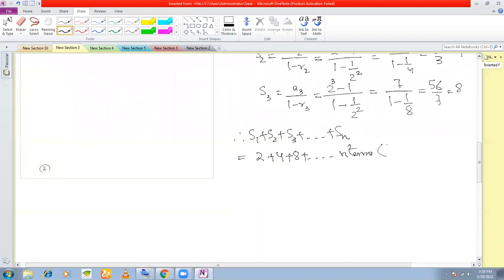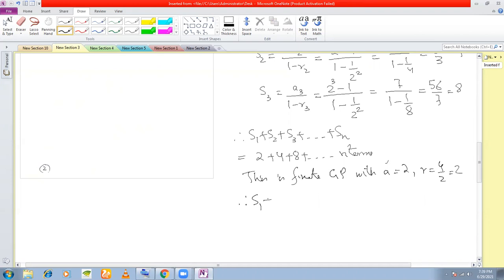This is a finite GP, with A equal to 2 and R equal to 4 by 2, which is equal to 2.